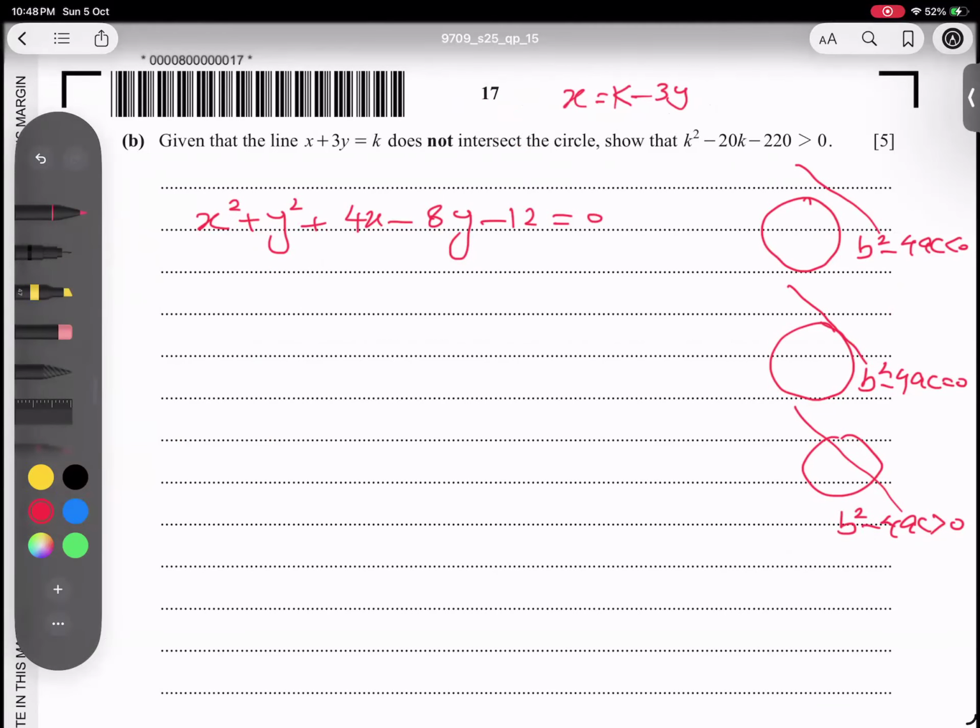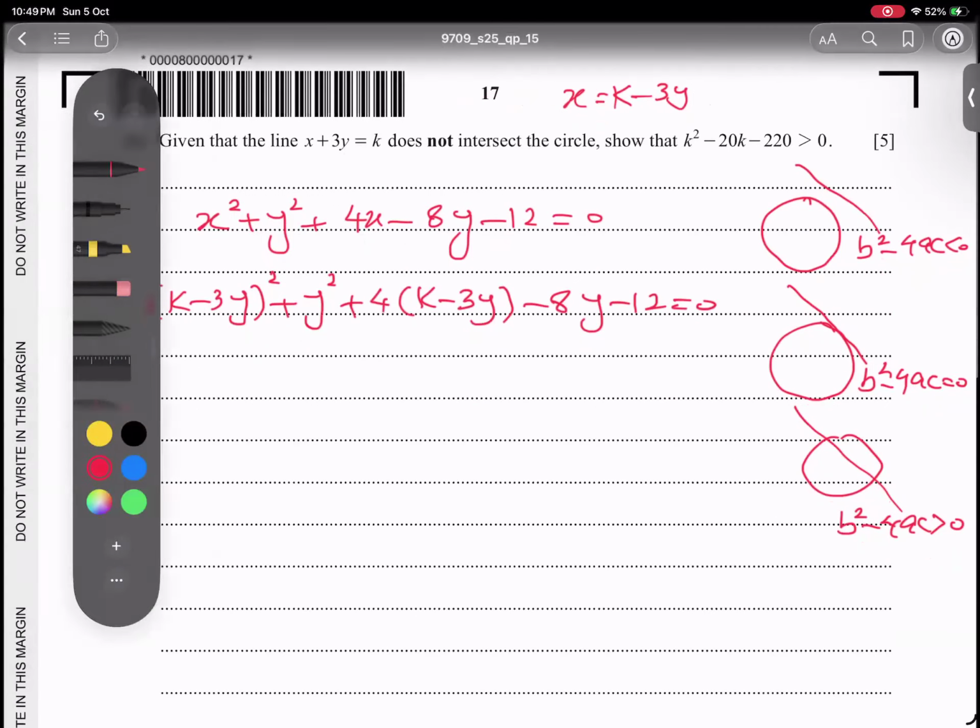Okay, so I'm replacing: k minus 3y whole squared plus y to power 2, and 4 times 2 times (k minus 3y), and negative 8y, negative 12 equals 0.